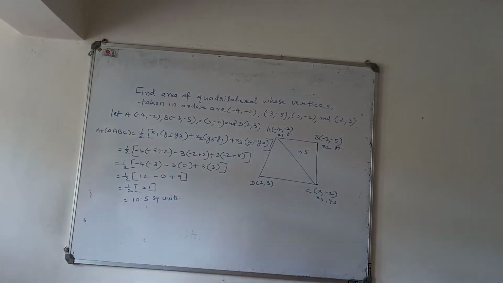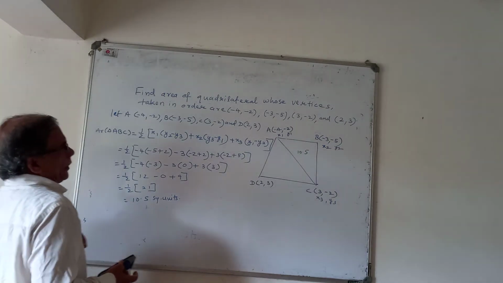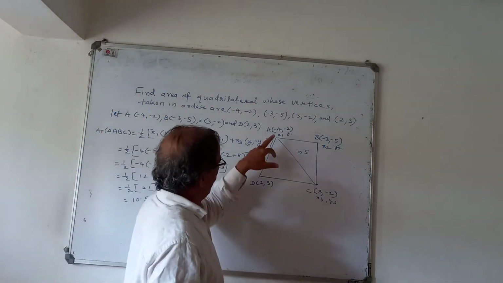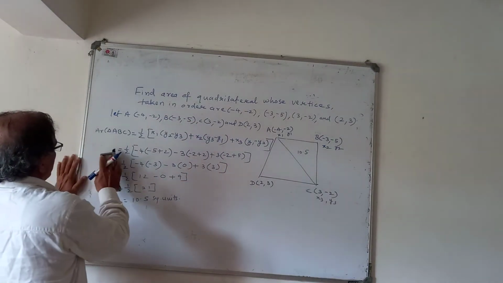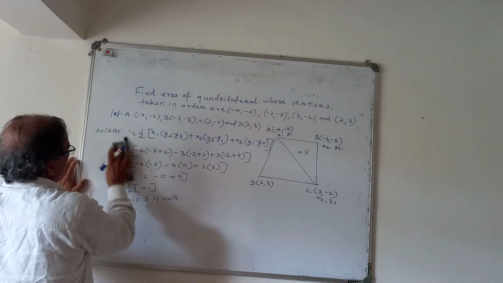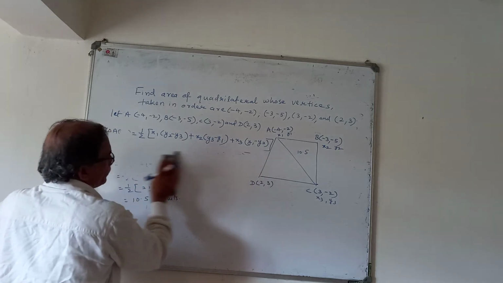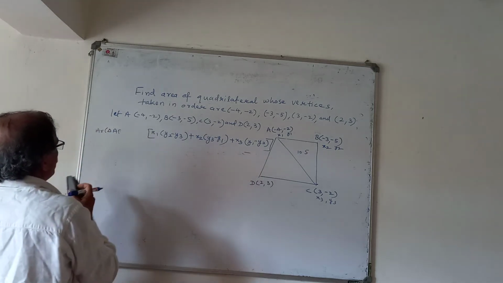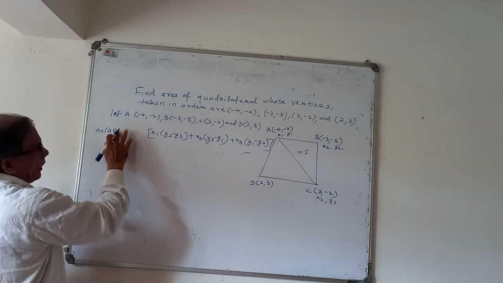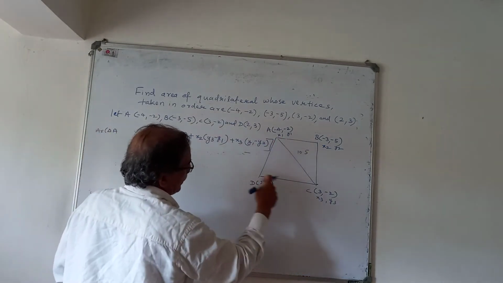Now I shall calculate the area of triangle ACD. You can take ACD or ADC, whatever it may be. I shall take ADC.